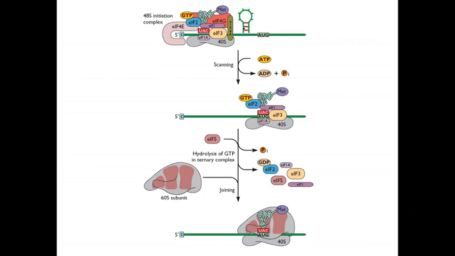Now, this helicase is only good up to a certain point. If these structures are very, very stable, it can't melt them, and then translation is inhibited. But in general, the amount of secondary structure can serve as a regulator for how efficient the mRNA is translated, and that's because the secondary structure can regulate the transit of ribosomes to the initiation codon.